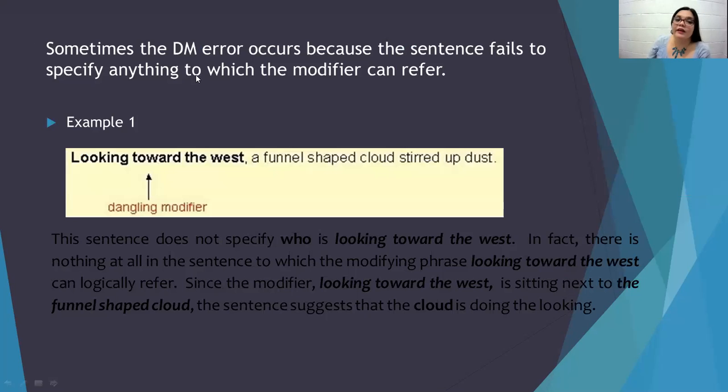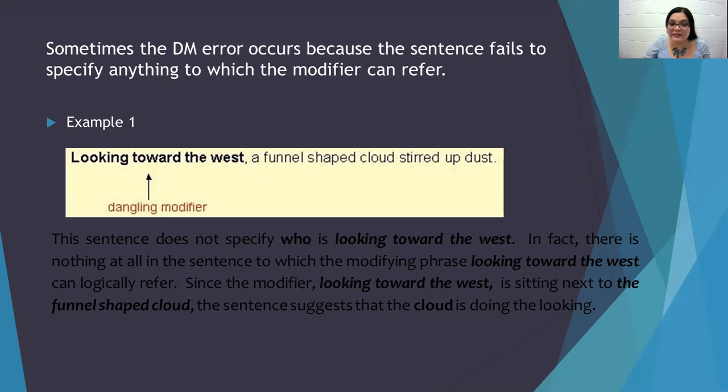Sometimes a dangling modifier error occurs because the sentence fails to specify anything to which the modifier can refer, so there is no clear-cut subject that it modifies. "Looking toward the west, a funnel-shaped cloud stirred up dust." This sentence does not specify who is looking toward the west.